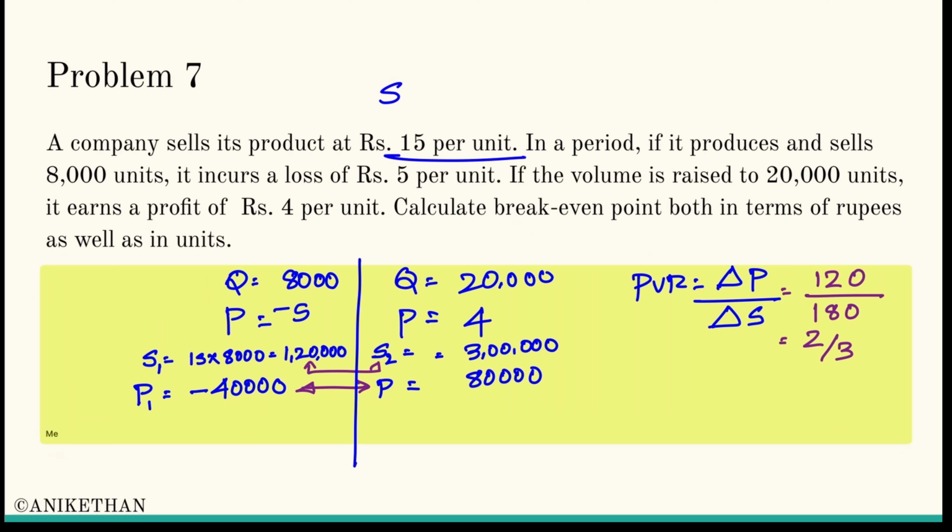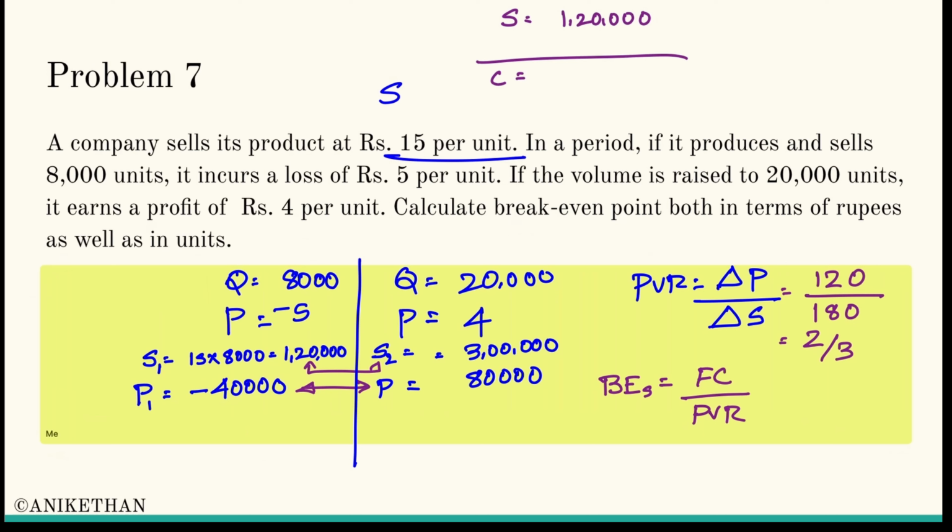And my break even sales, I know it is fixed cost divided by PVR. Let us check in the question, have they given fixed cost anywhere? No. That means I have to calculate fixed cost for one of the periods. How do I calculate? With my statement of marginal cost. So sales is equal to 1,20,000, and I don't know what is variable cost, but I can directly go to contribution because I know my PVR.